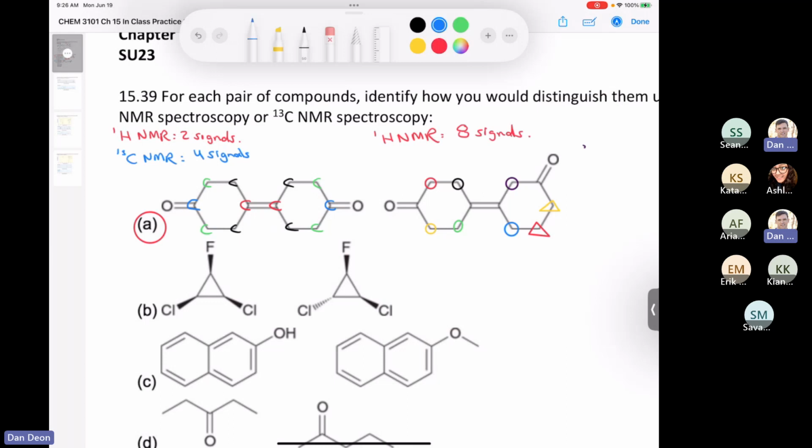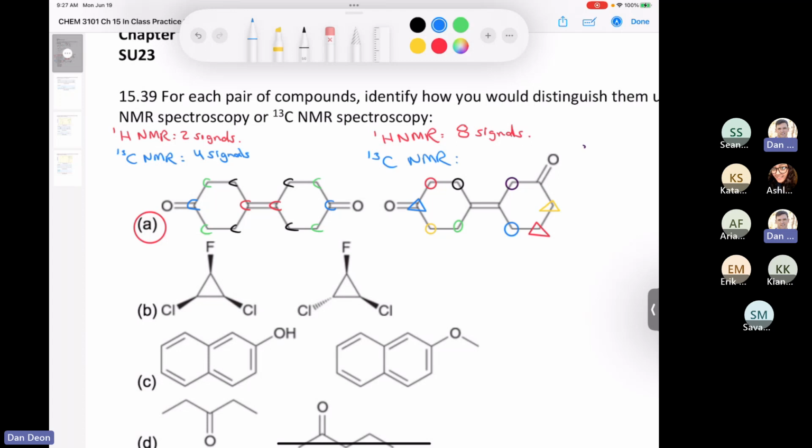So my question to you is, in the carbon-13, could anybody tell me how many signals you would see for this compound? Exactly, you see a total of 12. Every carbon in here is unique, right?